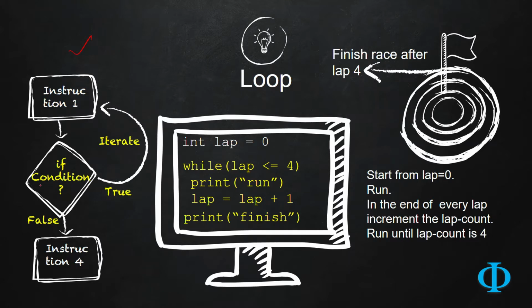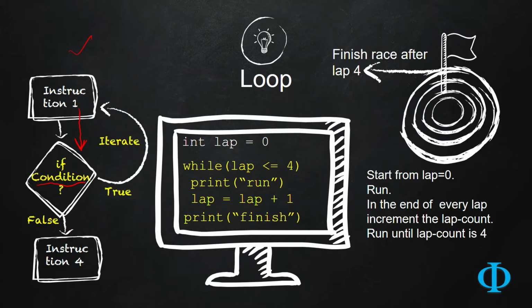Here, if this condition is true, then all the instructions in this path will keep on executing again and again and again. Or we can say the instructions are iterating, or simply the loop is iterating again and again.